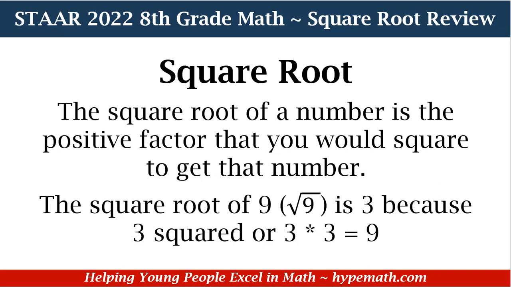In our example, we have the square root of 9. The answer is 3 because 3 squared, or 3 to the power of 2, or 3 times 3 is equal to 9. So the square root of 9 is 3.